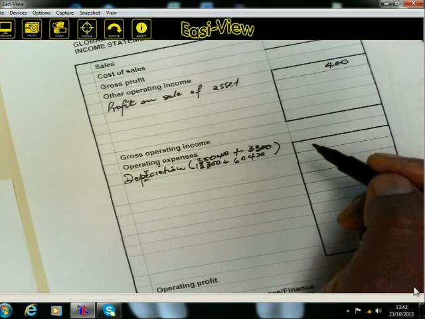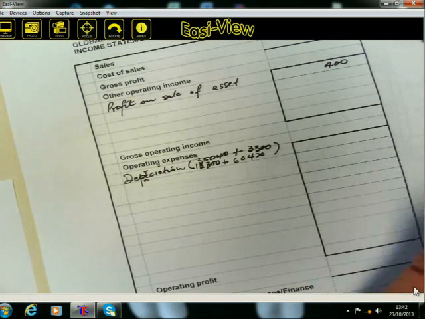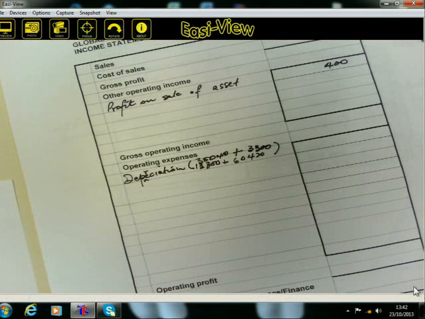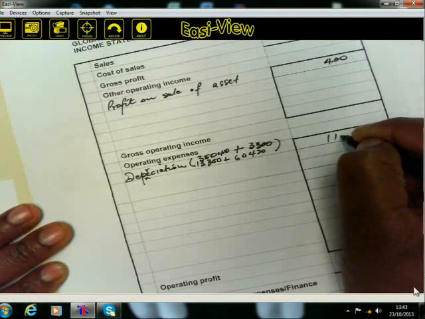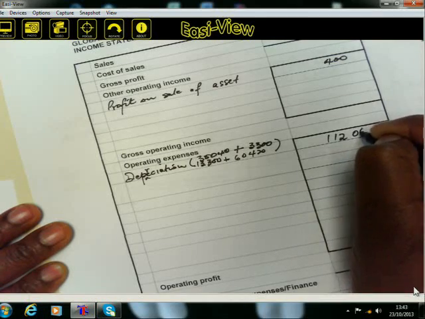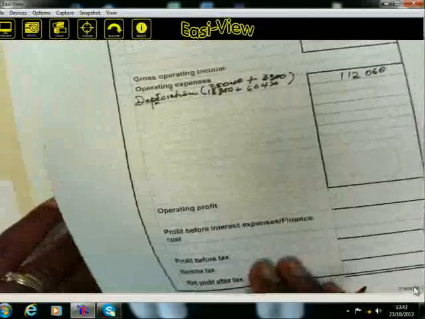We add the two: 35,040 plus 3,300 plus 13,300 plus 60,420. The total for the depreciation is 112,060.